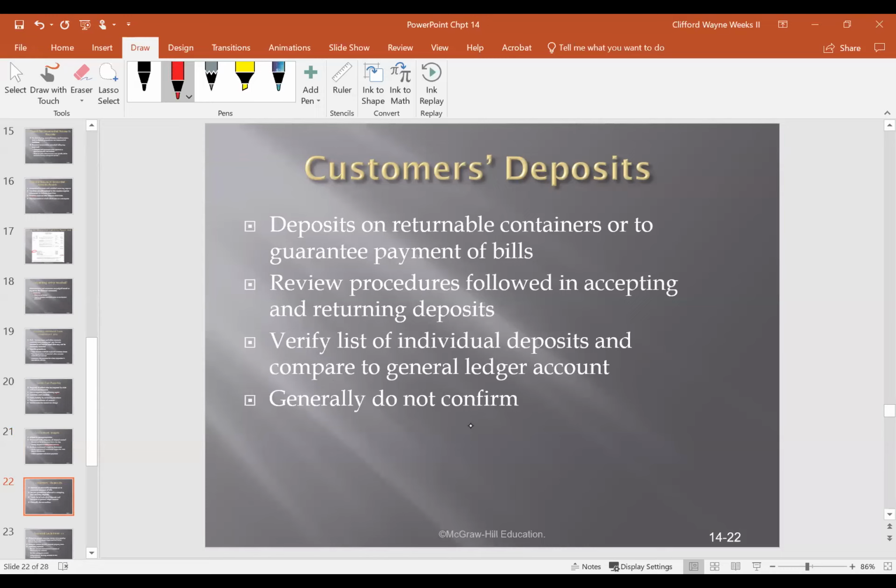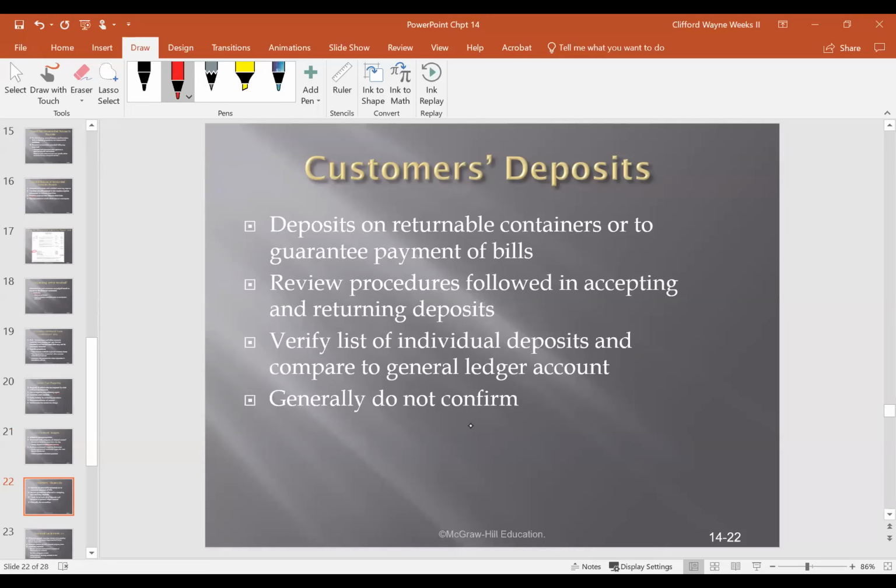Now, if we use the proper procedures with deposits that are never returned, we can actually record that as revenue. And that was generally the problem we did in intermediate.